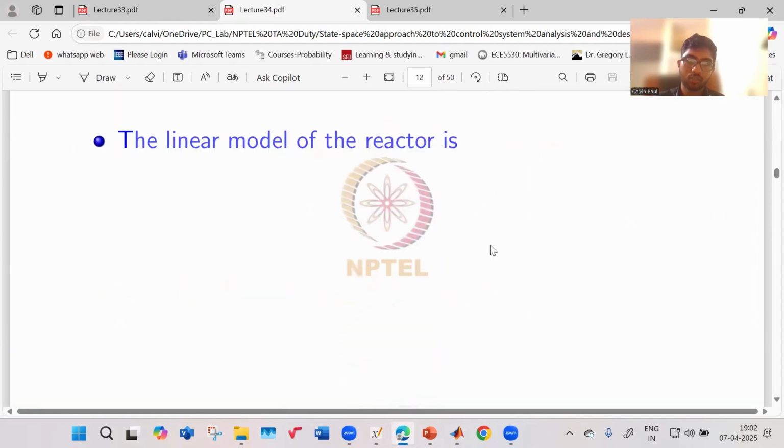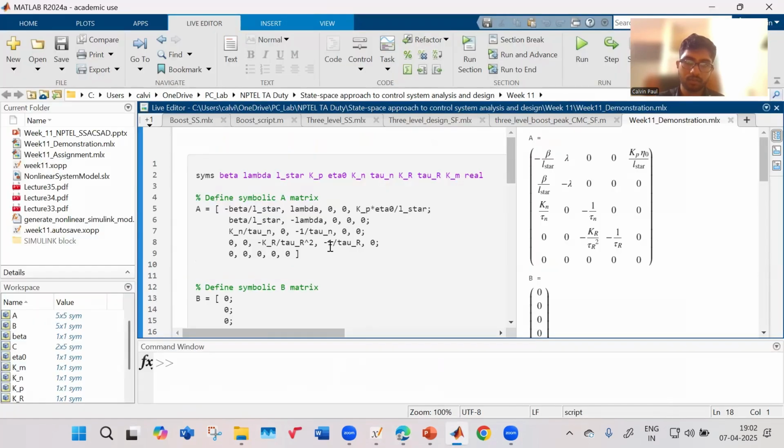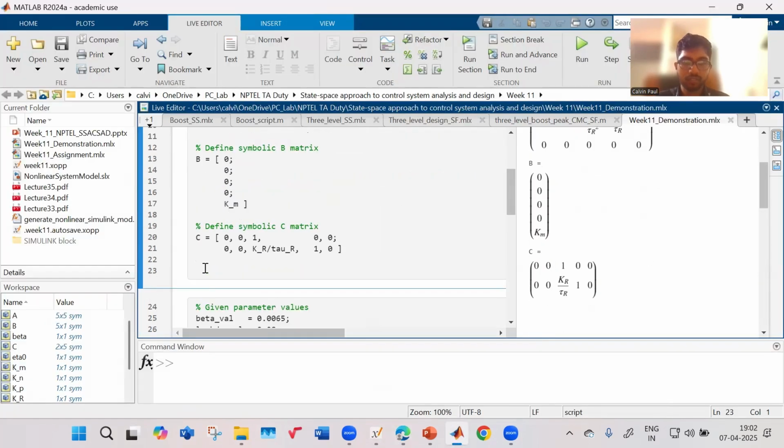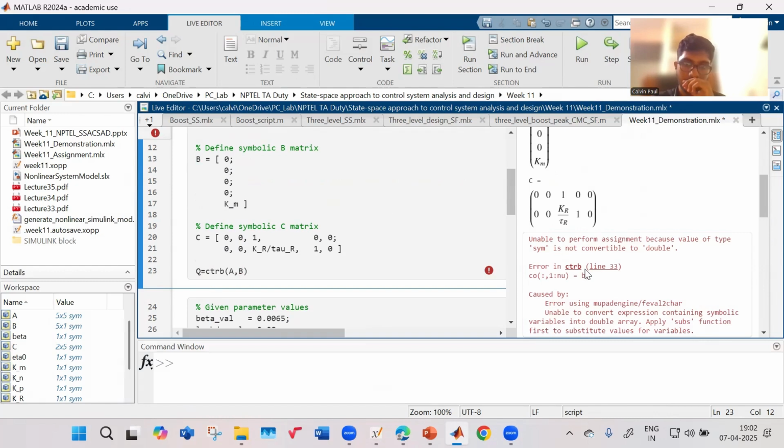Now we have to check the controllability and observability. Q is the controllability matrix of A, B. Let us see how it looks. Okay, let us actually do Q as B, AB, and so on.